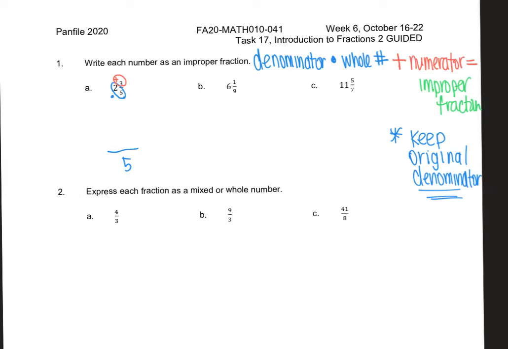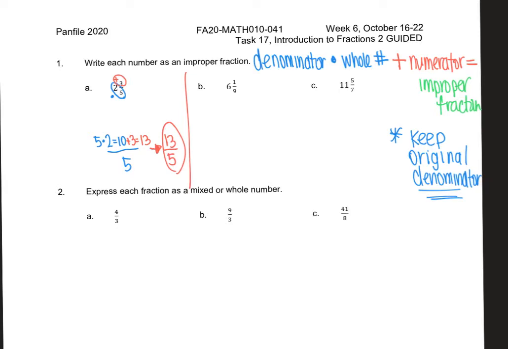So really we're doing all of this to figure out the new numerator. So 5 times 2 gives us 10, and then plus 3 equals 13. So our answer is 13 over 5. So 2 3/5 as an improper fraction is 13 over 5.